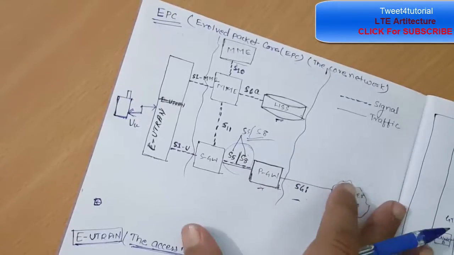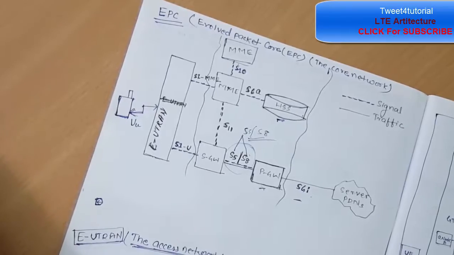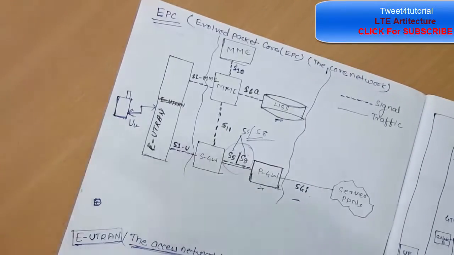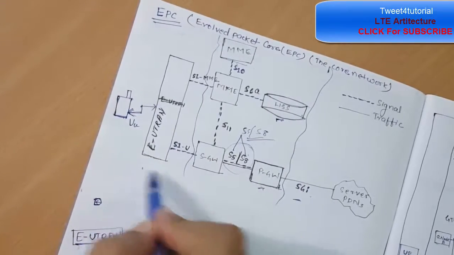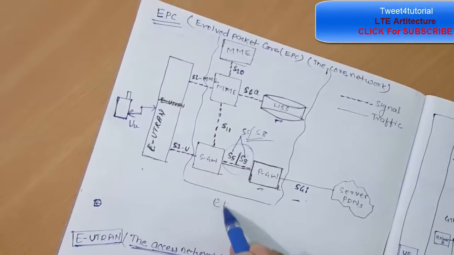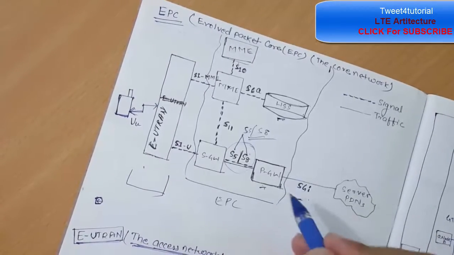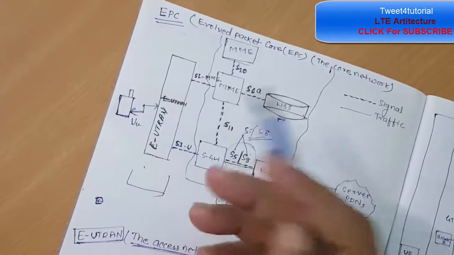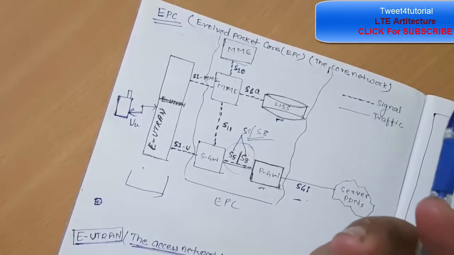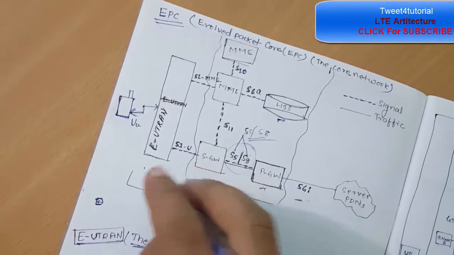So this is the EPC, and the facilities of E-UTRAN and EPC are different. In E-UTRAN there is inter-cell RRM, which controls all the information.